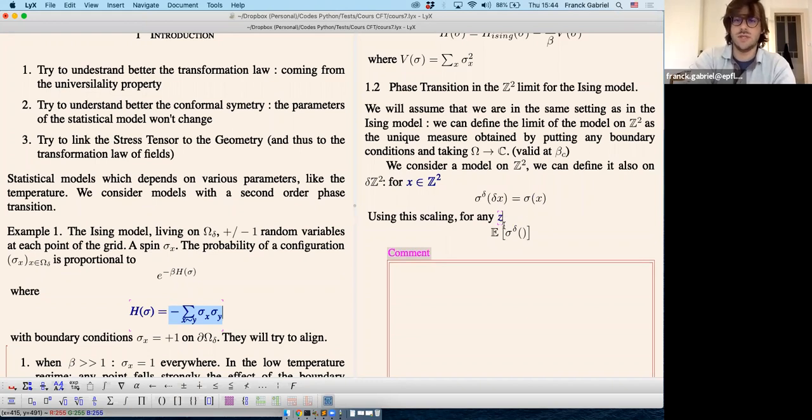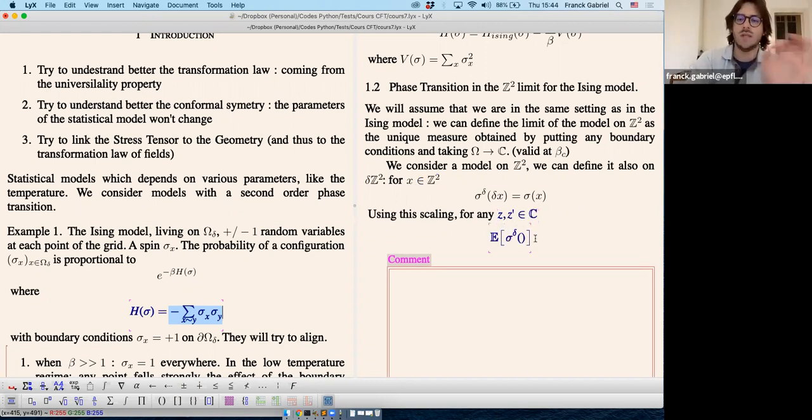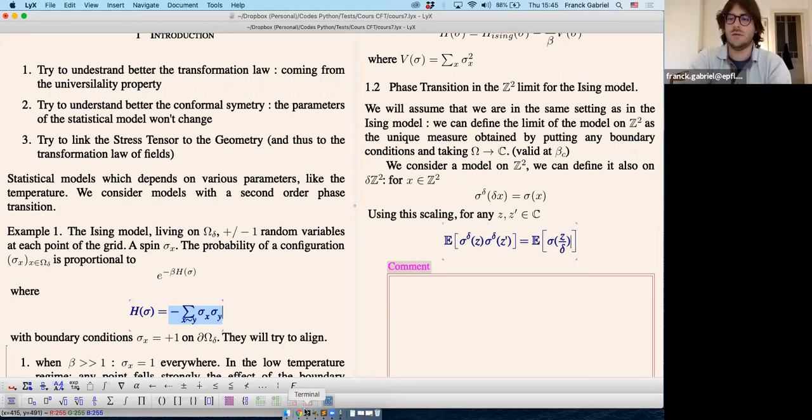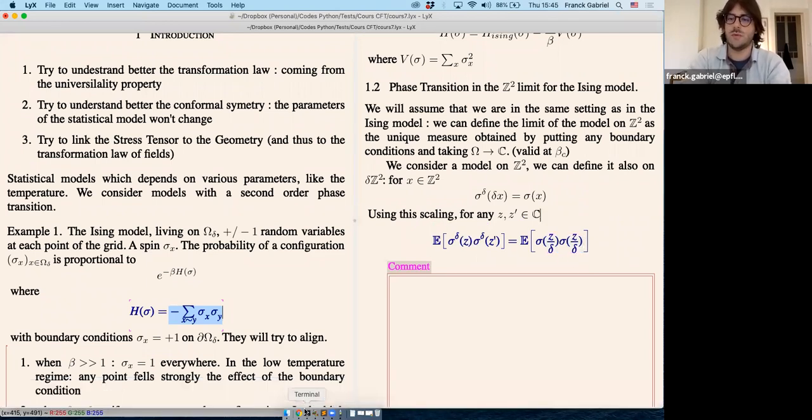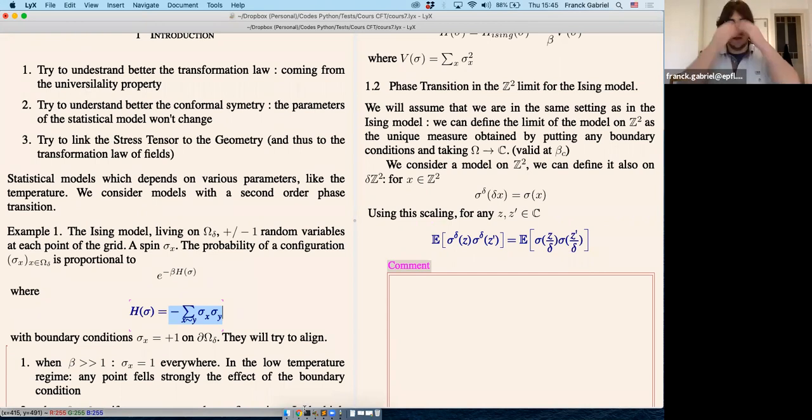And here I will use Z and Z prime, let's say, so here they are not on the grid. And of course, when I write sigma delta of Z, I look at the point just near. So trying to understand this is kind of the same as trying to understand sigma at the point Z over delta and Z prime over delta.